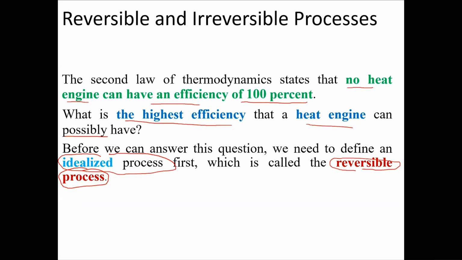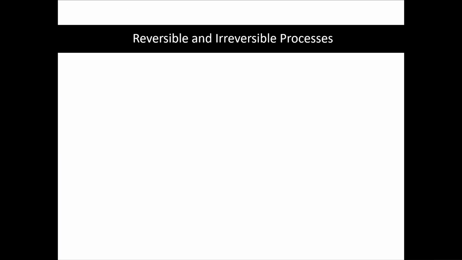There is much more imagination in this reversible process as compared to the actual process, which is an irreversible process. So in order to understand the idealized process, let us first understand what an irreversible process is, or how we say that a process is irreversible.